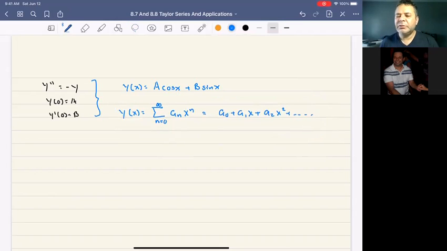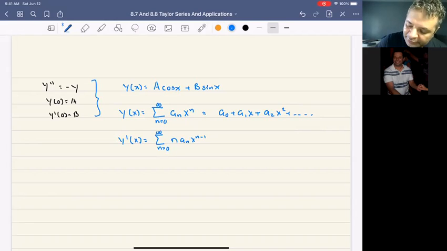All right. Let's go ahead and take y prime of this as well. y prime of x equals, I'll do it here first, n a sub n x to the n minus 1.